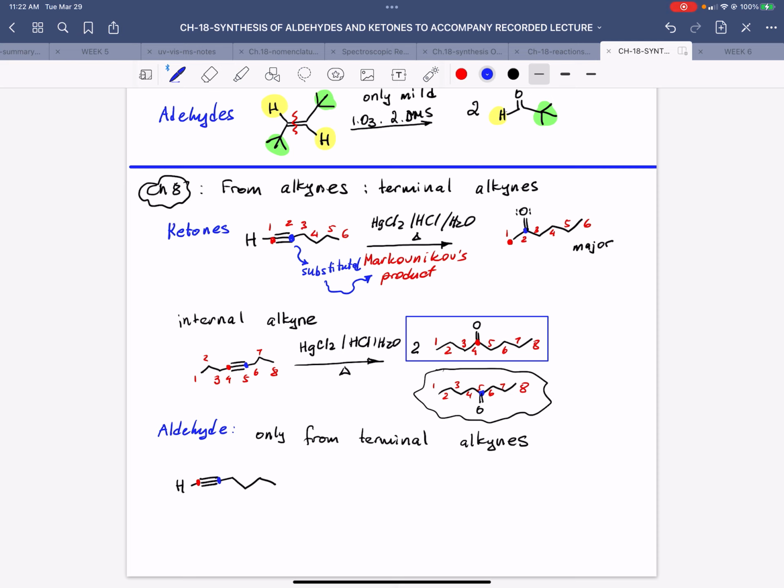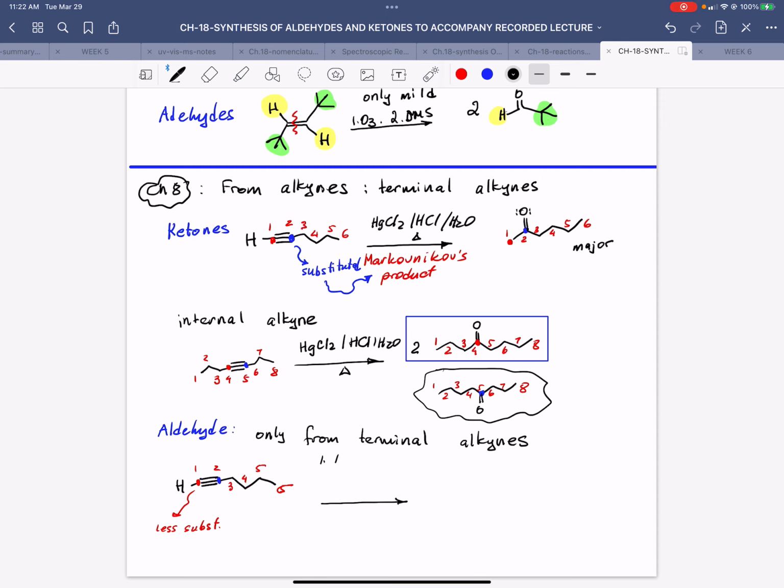Two asymmetric carbons. This carbon number 1, okay, 1, 2, 3, 4, 5, 6. Okay, your carbon number 1 is less or not substituted, and that is going to be the carbon that will get oxidized under anti-Markovnikov conditions.